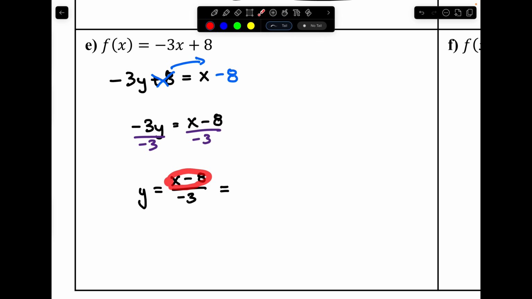So if I divide both of these by this negative sign, that's going to make the positive x into a negative x, and the negative 8 into a positive 8. And that changes this to a positive 3, which to me looks a lot nicer as compared to having a negative sign down here. But like I mentioned, there's nothing wrong with having the negative sign like that. It just looks cleaner, in my opinion, to have the numerator have the negative sign in it than the denominator there.